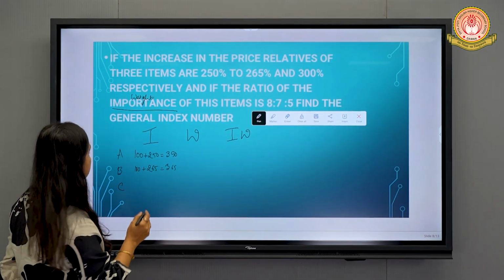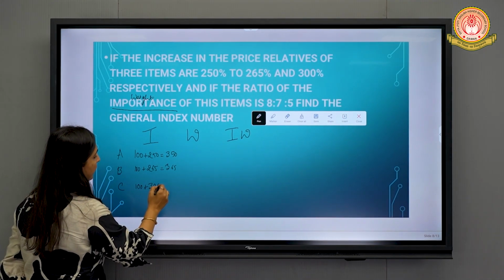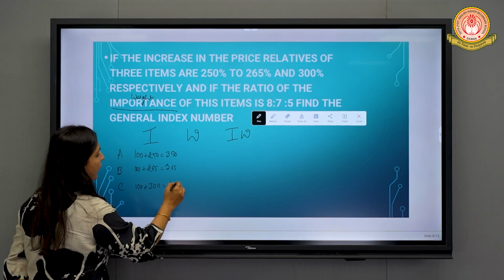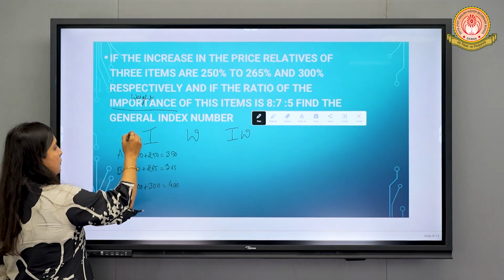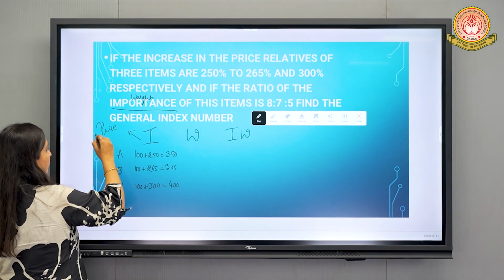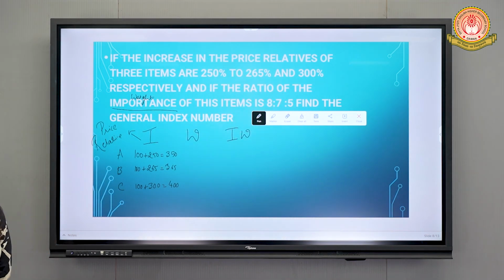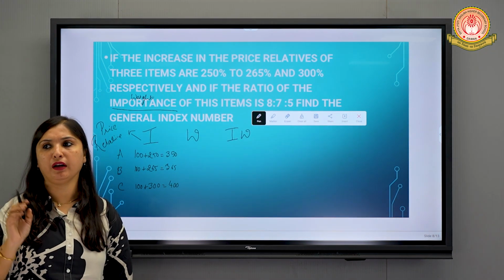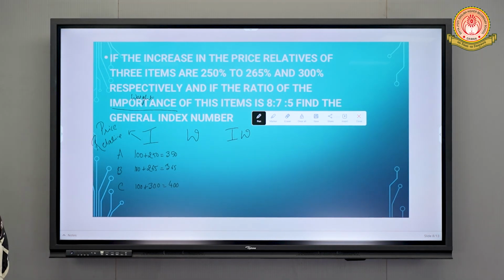And the last one is 300, so 100 plus 300 will be 400. Index number is also denoted as price relative. So if in the question price relative is given, you have to understand it is the index number. So we have found the index number.